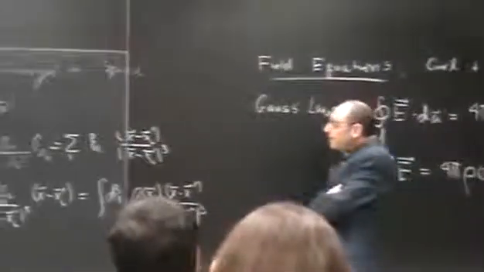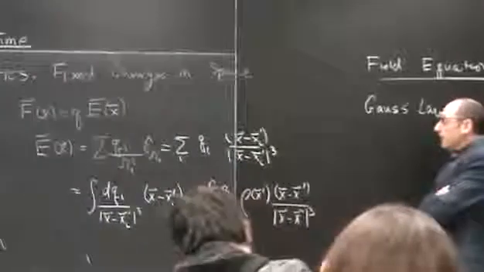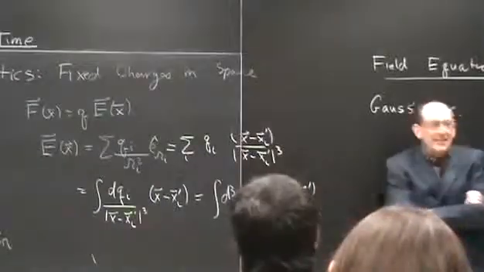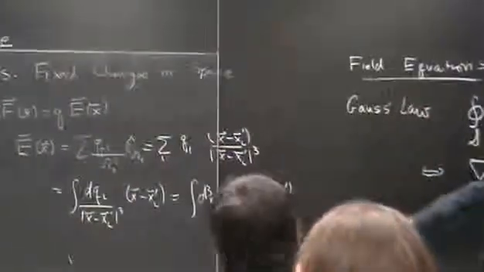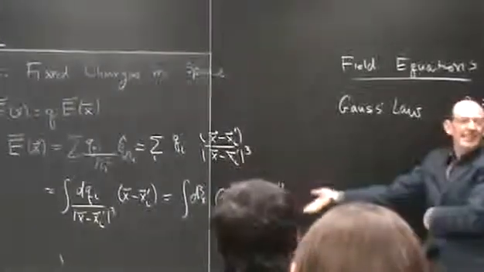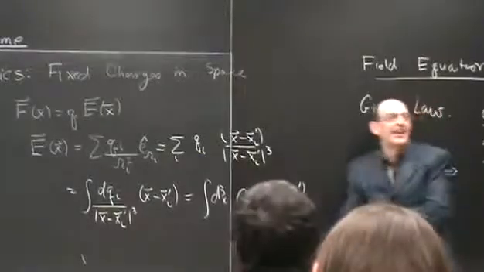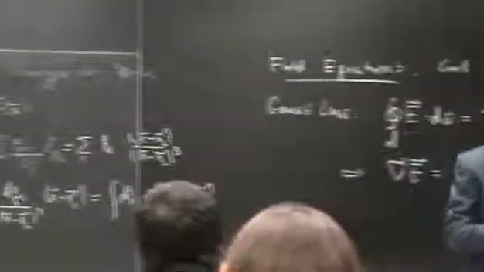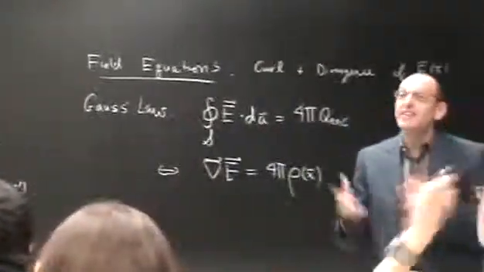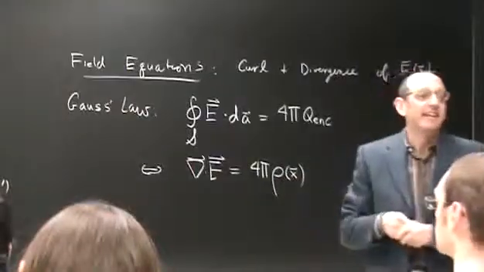And although this is formally correct, we rarely actually use this particular form because it's a messy thing. These are vectors, so we have to integrate vectors, and we have to think about all the different components and integrate them independently.